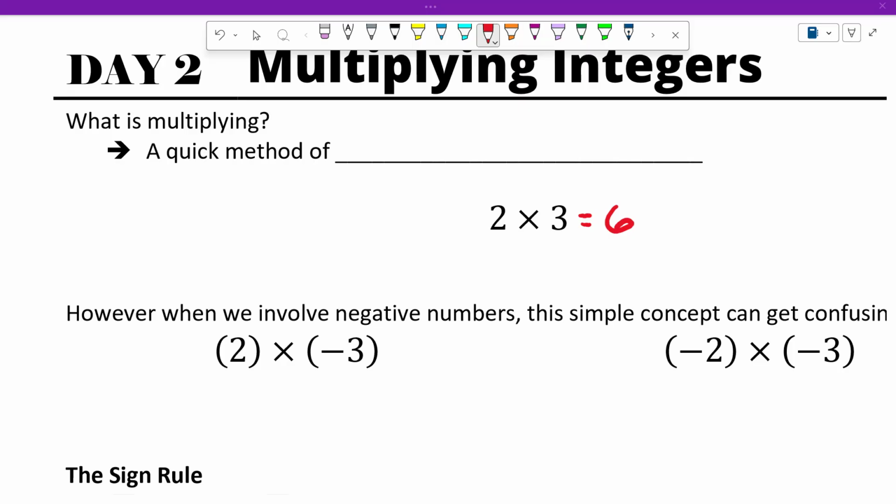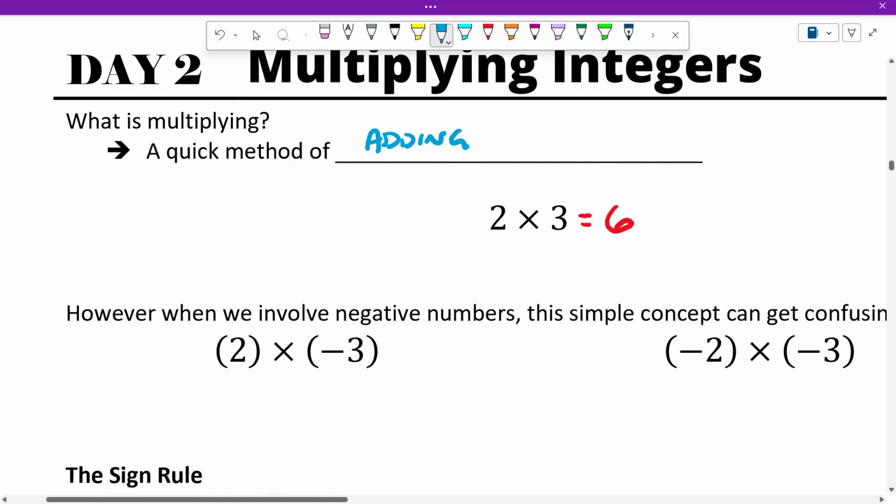So, what I'm hoping you remember from elementary school, going back to grade 2 and grade 3, is that multiplying was just a fast way of adding, right?